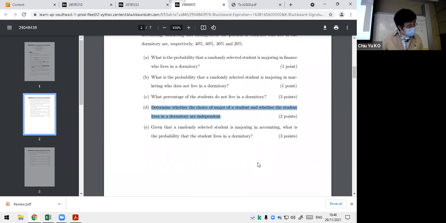Any question for the first question? Of course, if I asked what is the probability of being in DOM given accounting, you need to do the Bayes rule, but even Bayes rule is simple because every number I've calculated already. Is there a question for the first question?